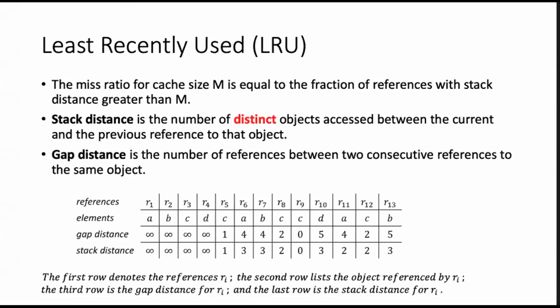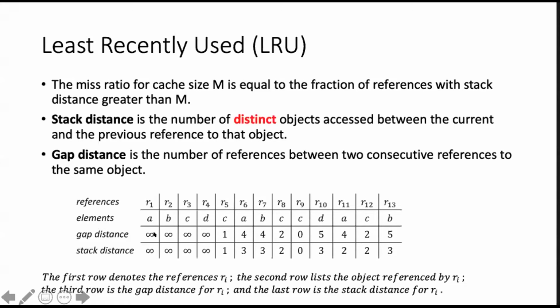Here is a demonstration of the gap distances and the stack distances. The first row represents the references. Here we have 13 references. The second row represents the elements or the objects being referenced. For example, the fifth reference is accessing the element C.